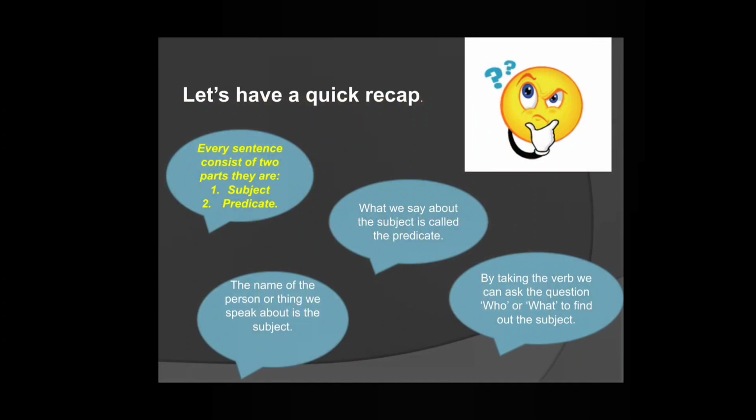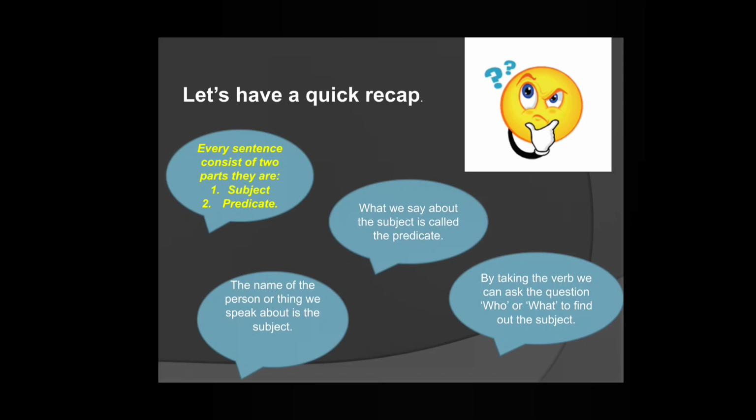Let's have a quick recap. We have to keep in mind that every sentence consists of two parts. They are subject and predicate. What we say about the subject is called the predicate. The name of the person or thing we speak about is the subject. By taking the verb, we can ask the question who or what to find out the subject.